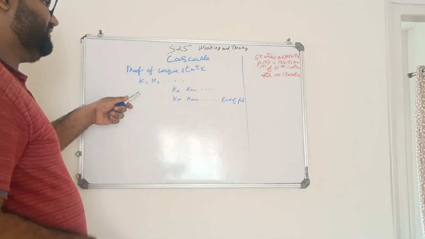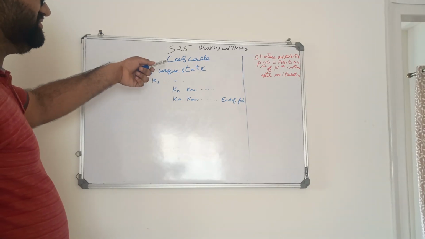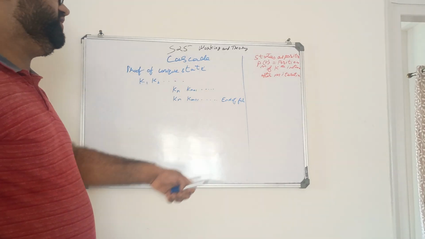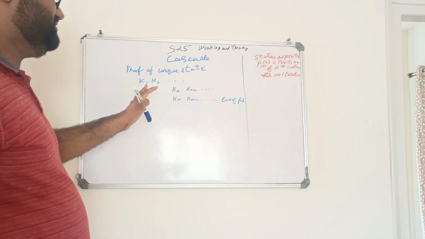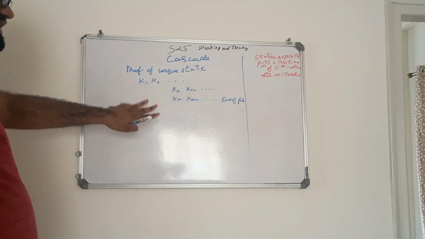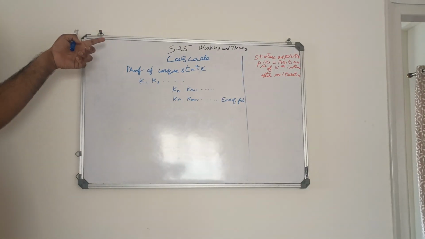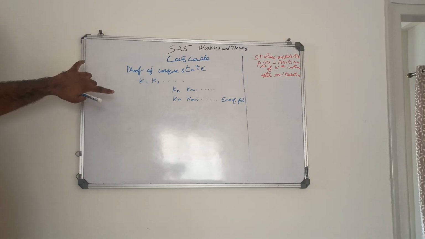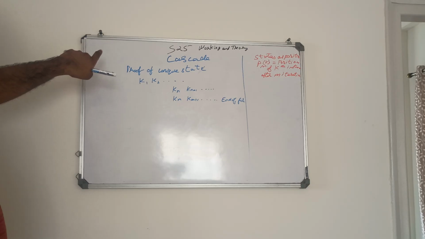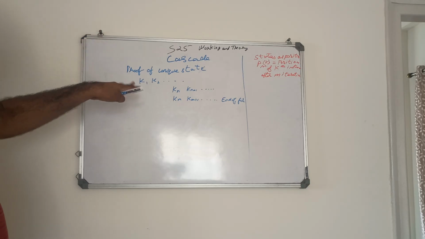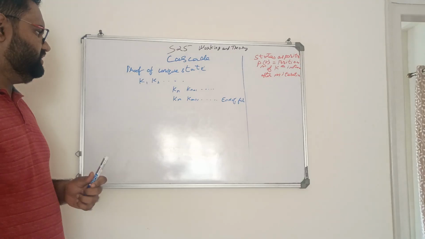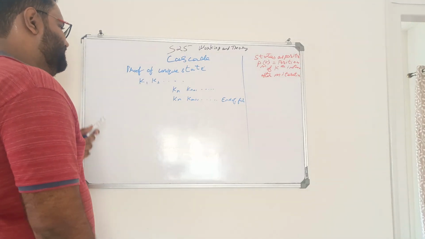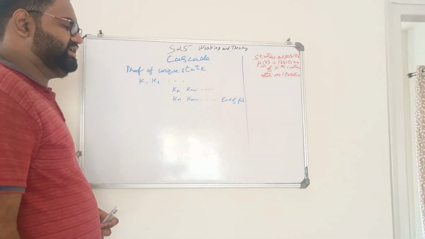I'm assuming that the cascade function has Pm of k equal to Pn of k, and then after certain iterations they are not equal. If I look at the very first and the very last message instance, because of the construction of S25, it is not possible for them to be equal. So that is how I prove the existence of a unique state after the cascading function.